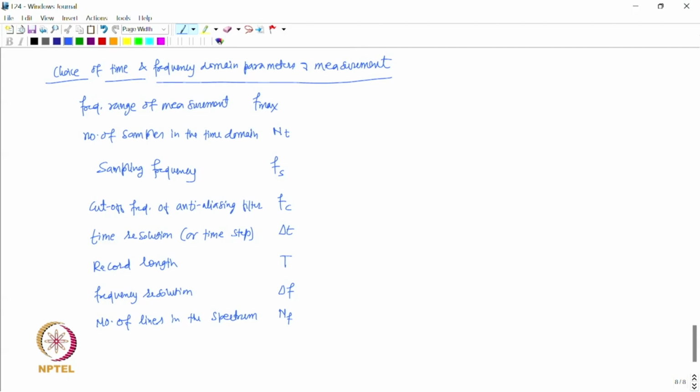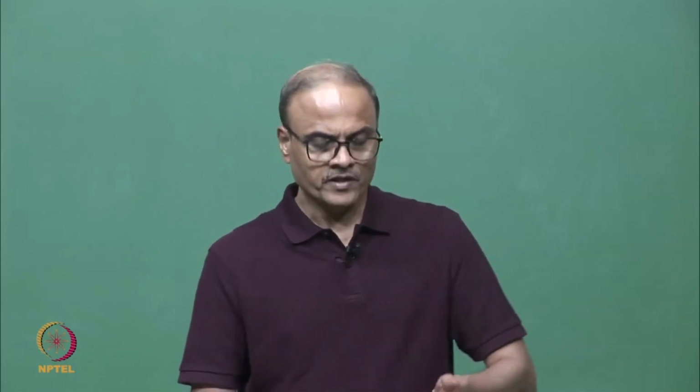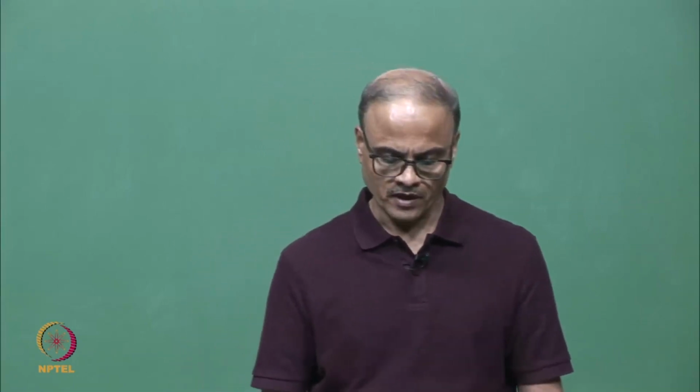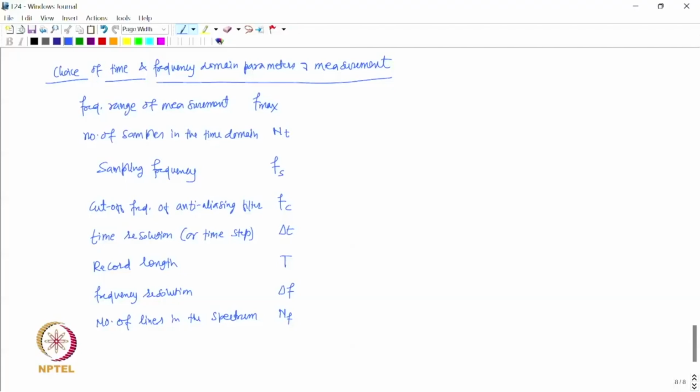Now, we earlier studied in signal processing that only 2 of these parameters can be independently chosen, while the rest of the parameters get fixed, right. So, the frequency range of measurement we already talked about today, how that can be decided, correct. So, the frequency range, let us say Fmax, is fixed. The other parameter which often is provided in the FFT analyzer is the choice of number of samples in the time domain, that is NT.